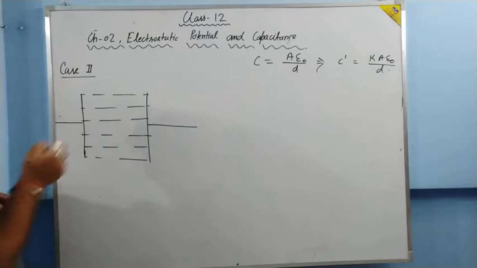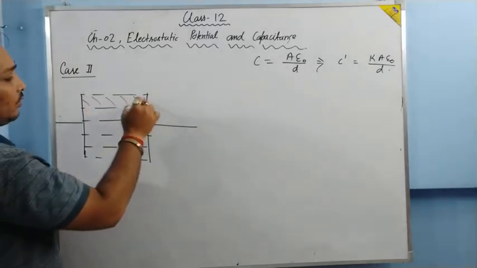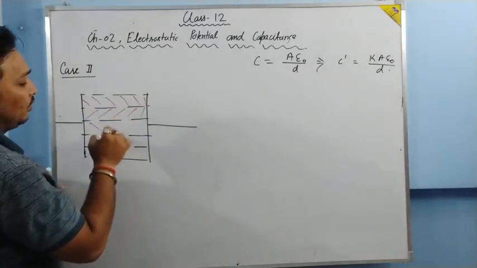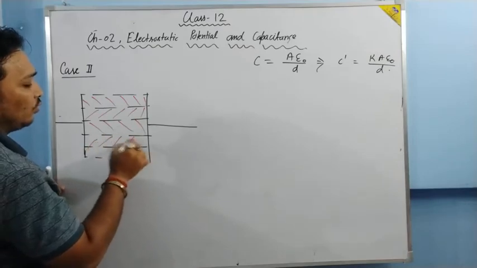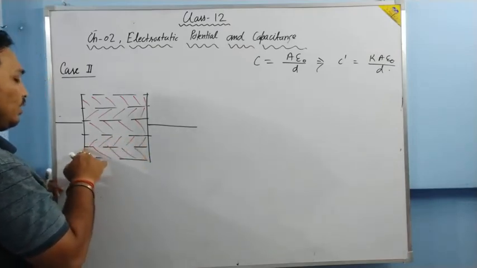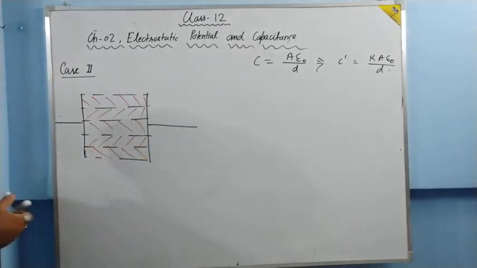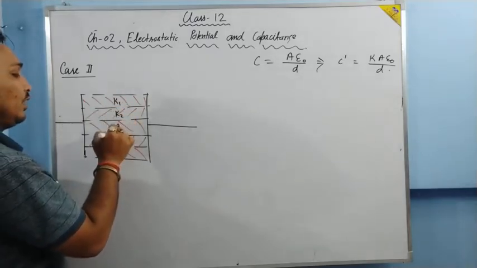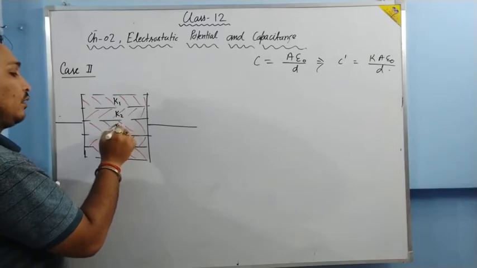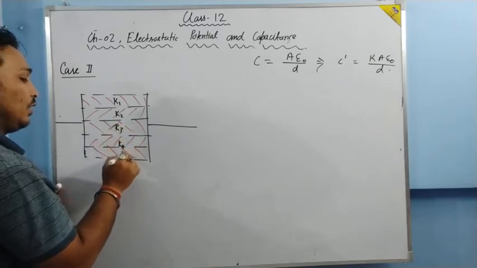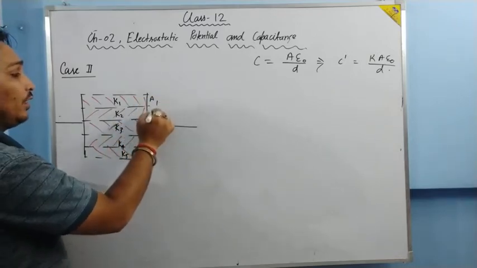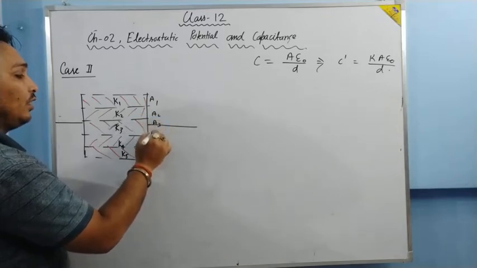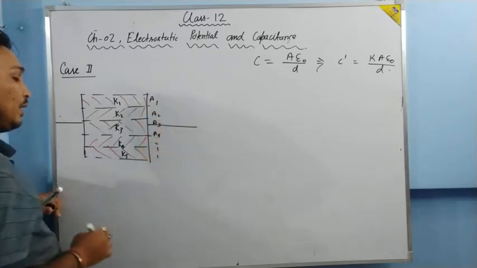So this time, this is the first, this is the second, third, fourth, so many others. Now suppose this is of K1, this is of K2, this is of K3, this is of K4, K5. Area will be different, A1, A2, A3, A4, so on.